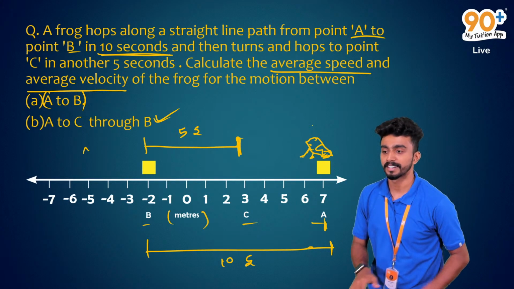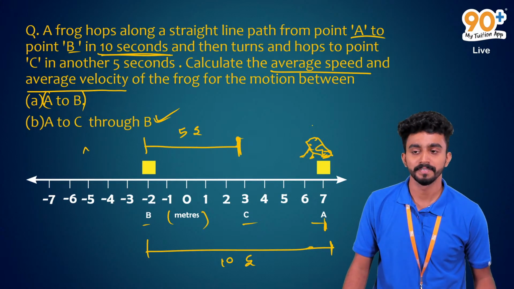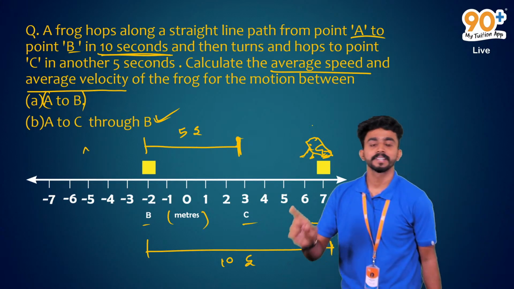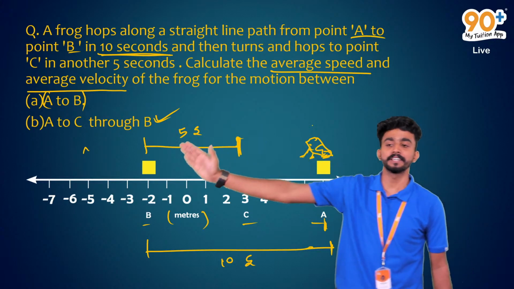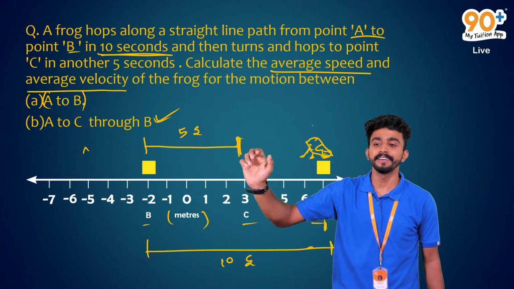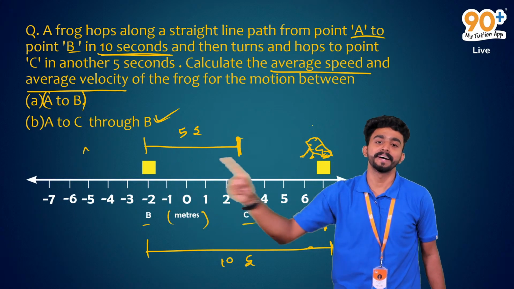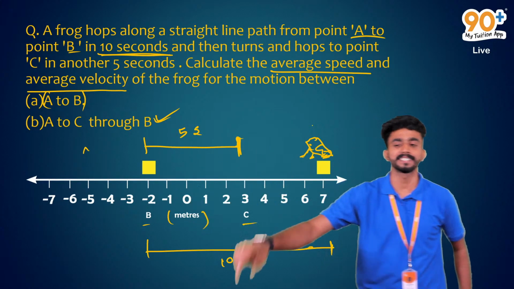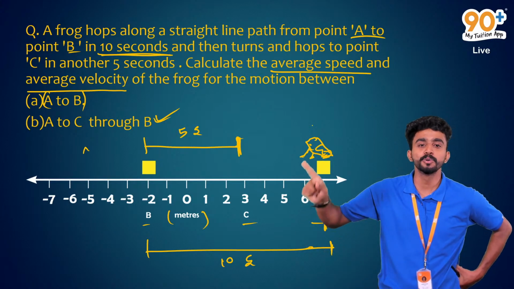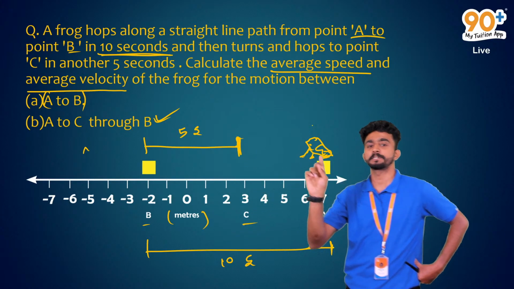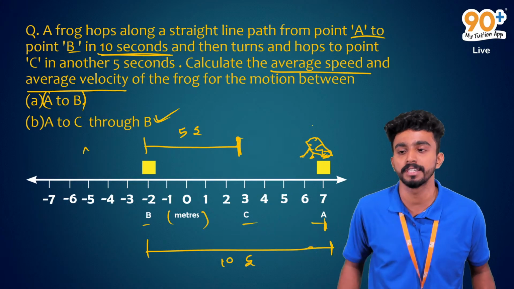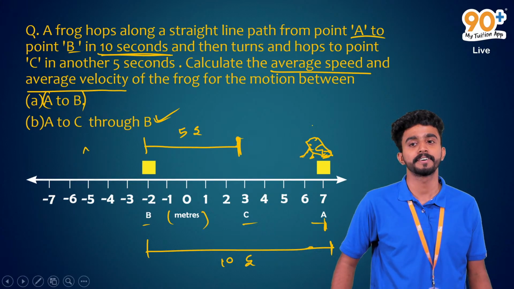So Azalfa, what we'll be doing? From A to B, the frog is hopping, right? So you are considering 5 units, then you are measuring 5 minus 2, that will be 3 and 3 plus 3 will be 6. Should we do like this? So as to measure the displacement from A to C. What is displacement, Azalfa?